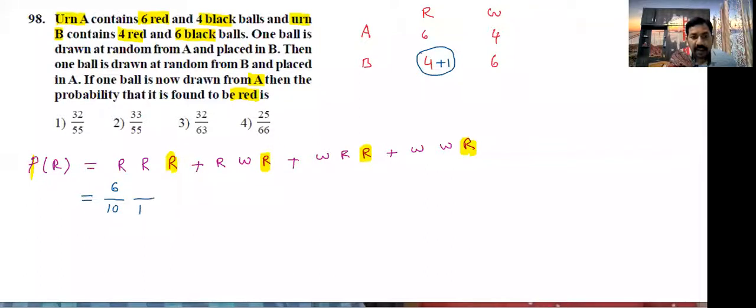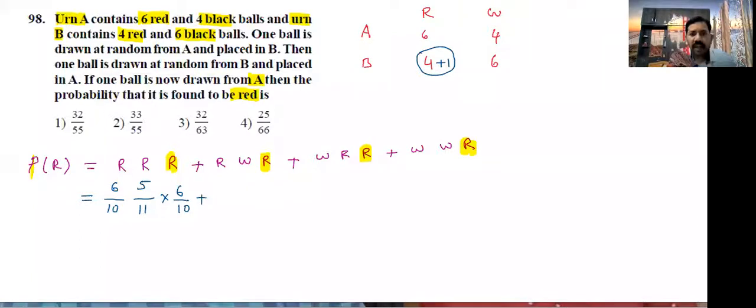There are 11. Pick one ball. What is the color? Red color. Out of 5 balls, pick one. It is placed again where? First bag. That means in that first bag, red colors are the same. The total number of balls is also the same. Now here we get 6 by 10 plus.